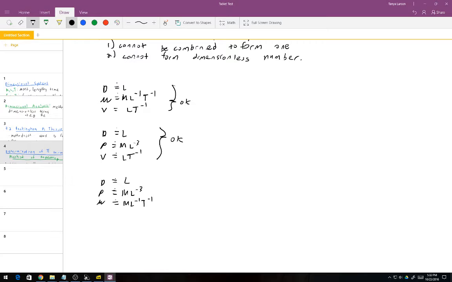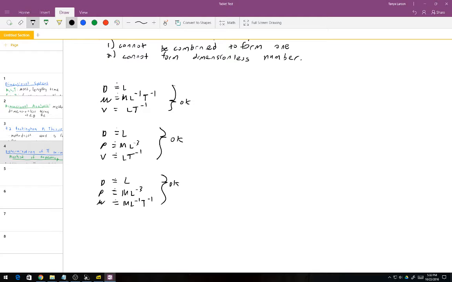And this will work as well, because there's only one T term, so there's no way that I can cancel it out. The mu is the only one that has a T in it. So there's no way I can manipulate this to cancel out the T that's already there.